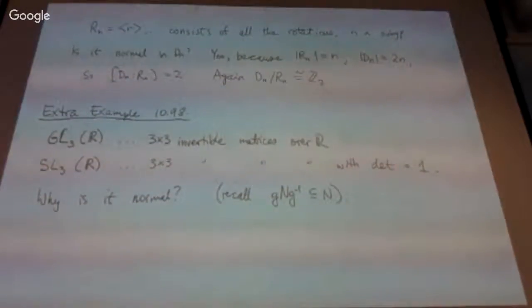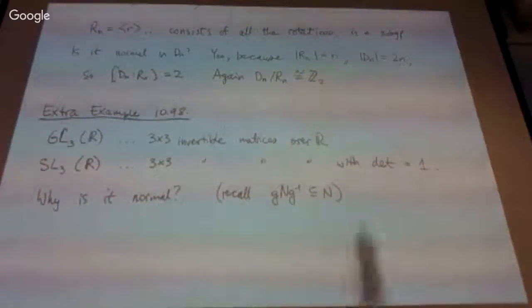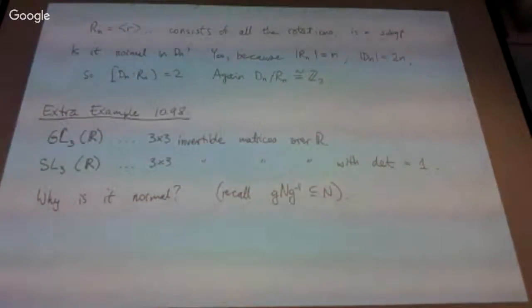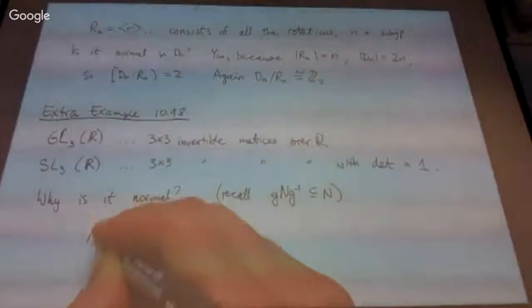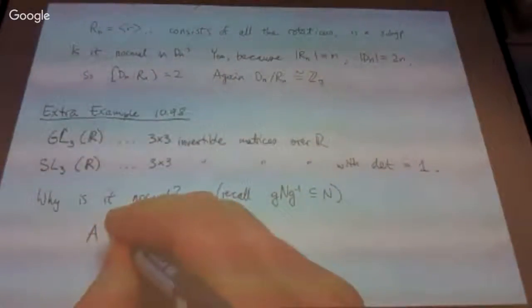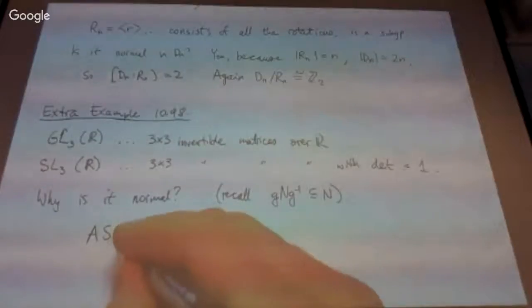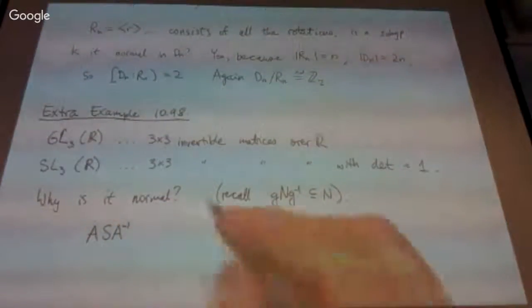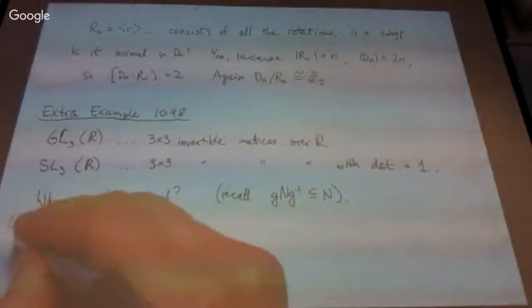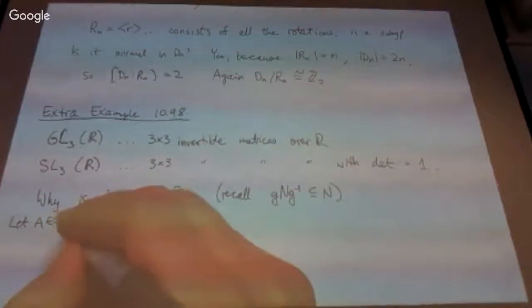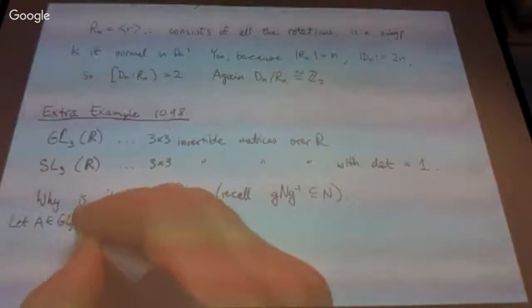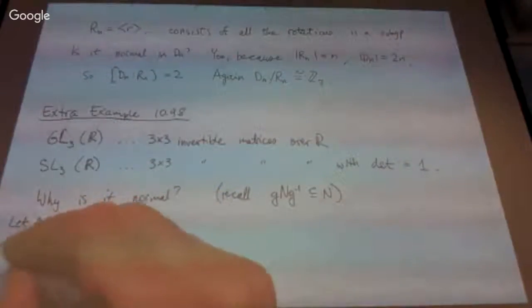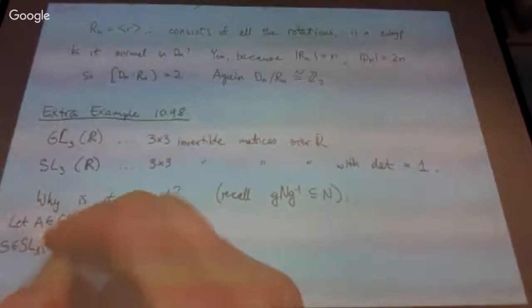So what does this translate to? Let A be a general linear matrix, and S be a special linear matrix.